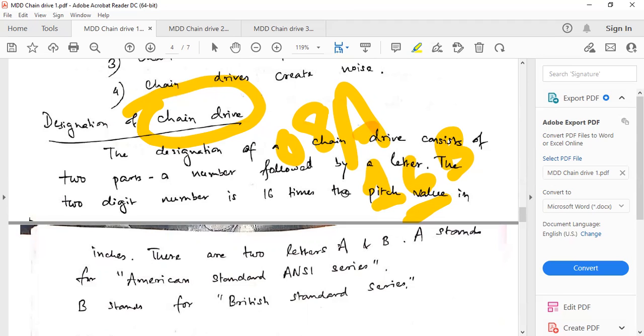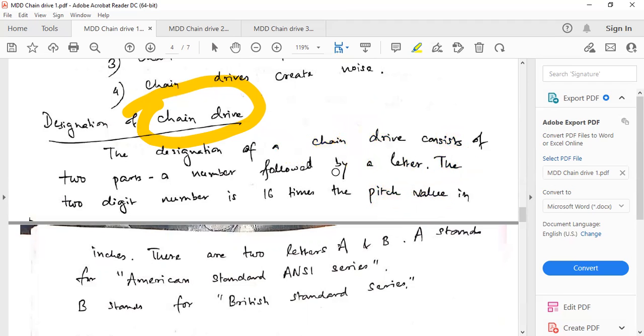Now here we have this two digit number and a letter, so we need to see what is the meaning of this. This is how the designation of a chain drive is done. The designation of a chain drive consists of two parts: a number followed by a letter. Whatever number we write here is actually something multiplied by 16.